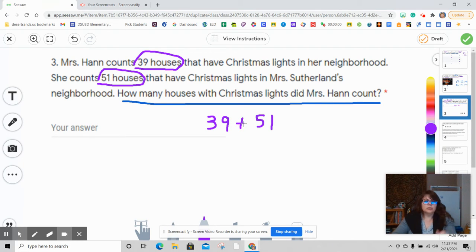So now you can use whatever strategy you want to use. This time I'm going to use the expanded form. So I'm going to have 39, and I can go 30 plus 9, and then I have 51, and that I can break up into 50 plus 1.